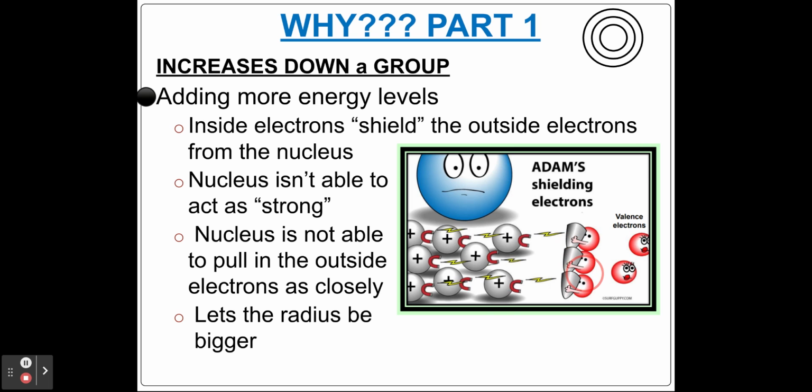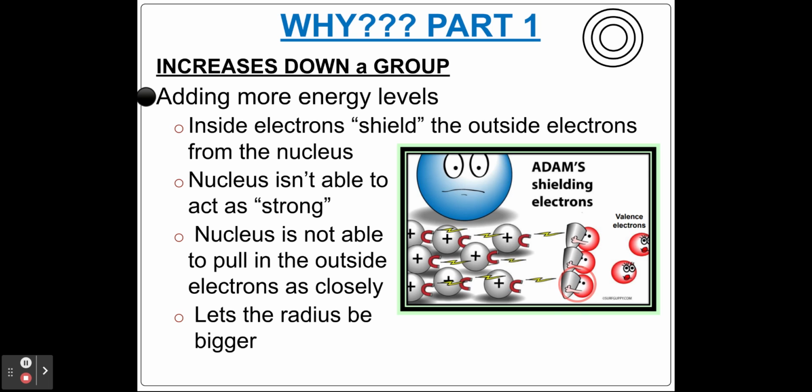And so what ends up happening is that the valence electrons here on the outside don't feel as great of a force on them by the protons in the nucleus because the core electrons are canceling out some of that charge, and therefore reducing what is called the effective nuclear charge on the electrons. So the electrons just don't feel as big of a pull as they should because of the shielding due to those inner electrons.